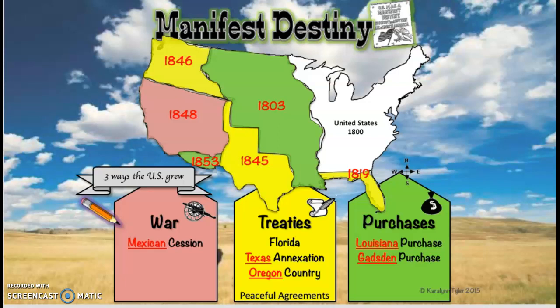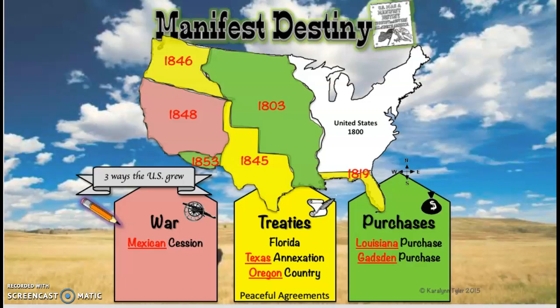Notice that across the bottom you'll see the box for treaties is yellow and purchases is colored in green. In terms of land that we got through treaties, so we didn't fight a war, we didn't do a purchase, those include Florida, which we signed a treaty with Spain to acquire, and that happened in 1819.